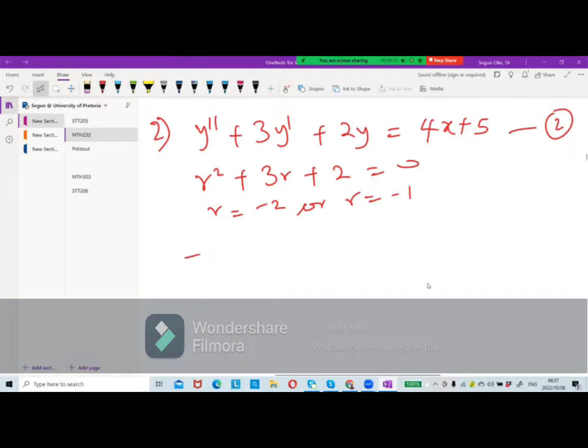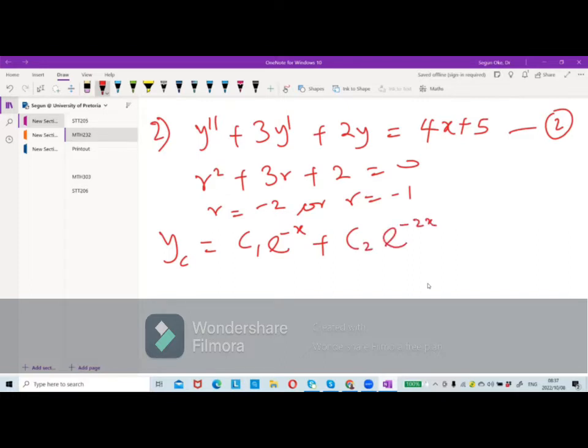So the same y complementary we are going to have, but only our g of x will be different. So we have y complementary to be c1 exponential minus x plus c2 exponential minus 2x.